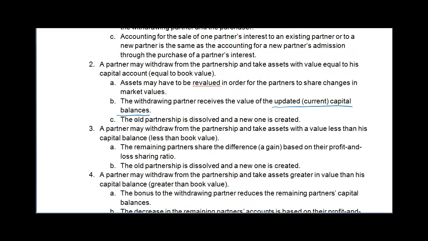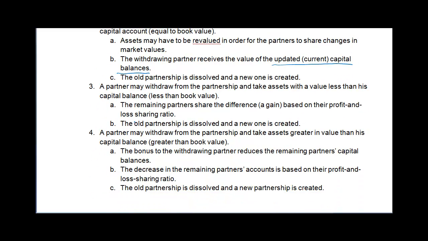Or they can take, based on the partnership agreement or an agreement negotiated at the time of withdrawal, assets that are less than their capital balance, in which case the remaining partners share that capital that's left behind based on their profit and loss sharing ratios.